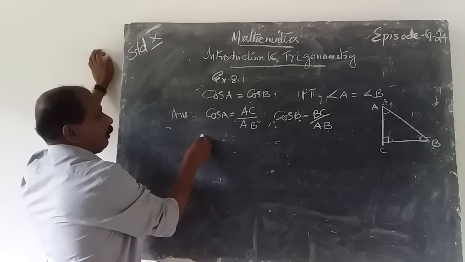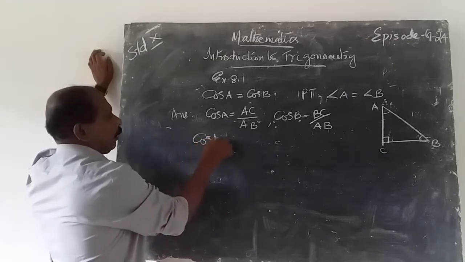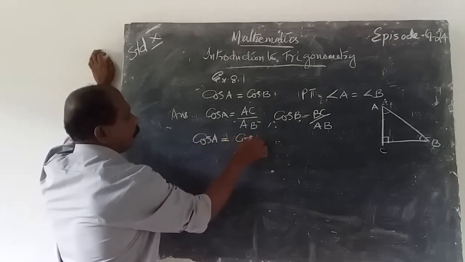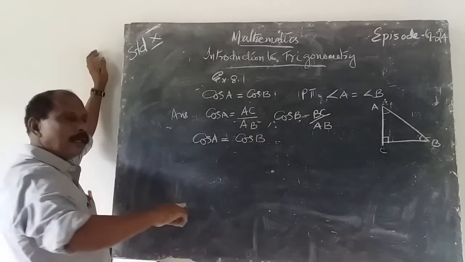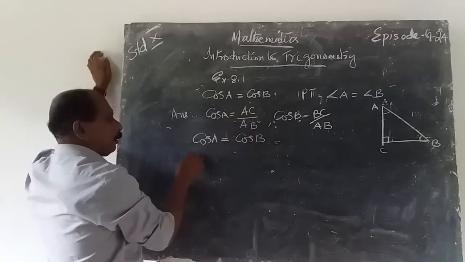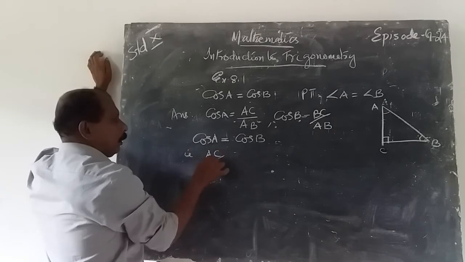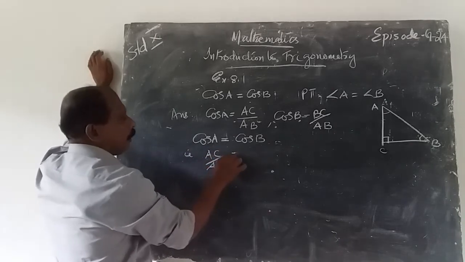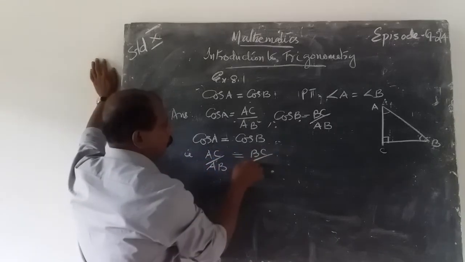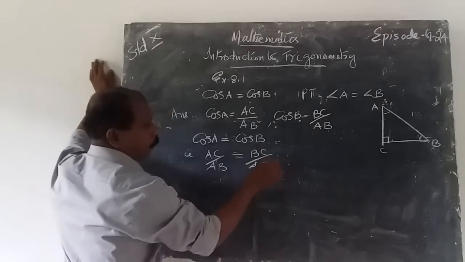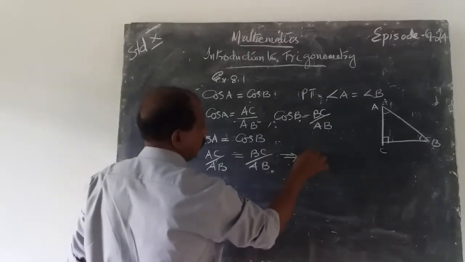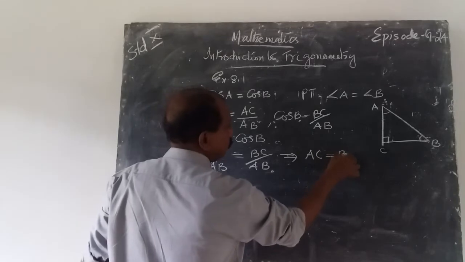Given that cos A is equal to cos B, AC by AB is equal to BC by AB. That is the same denominator, therefore the numerators are equal, which implies that AC is equal to BC.